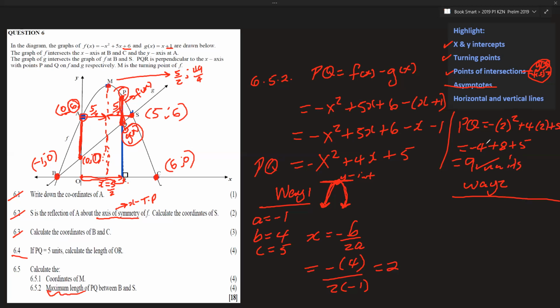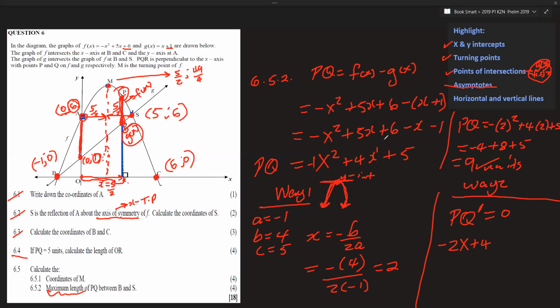Okay, way 2 of doing it is using calculus. Remember, for minima and maxima, the derivative must be equal to 0. This way, you can only do it if you already did calculus. If you haven't done calculus, you'll always need to use the turning point method. Remember in calculus, we take the exponent, multiply by the coefficient, which is negative 2, and then we minus 1 from the exponent, which gives x. Then here I have x to the power 1. When I multiply 4 by 1, I get 4.